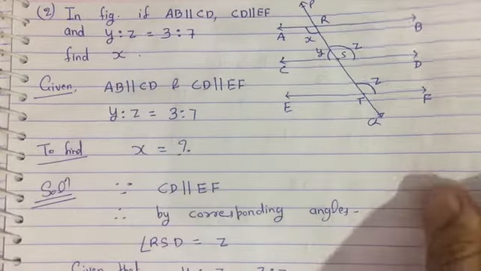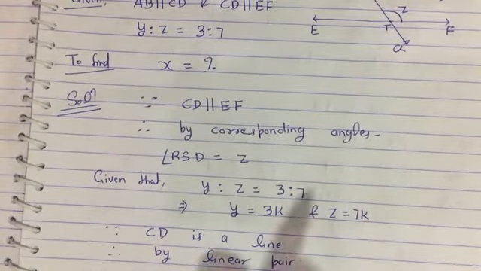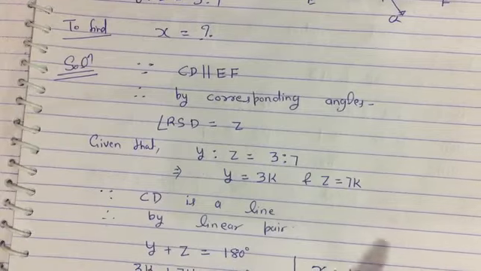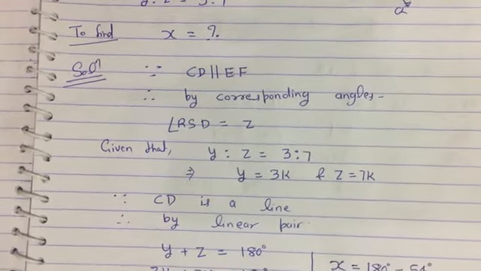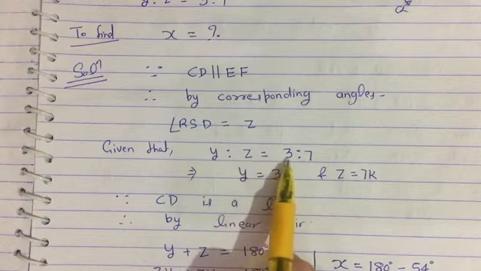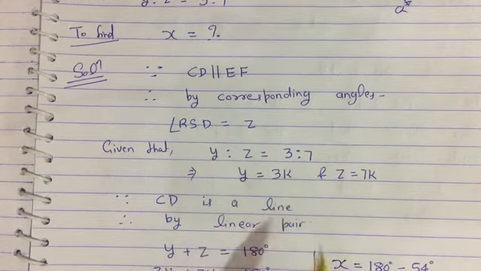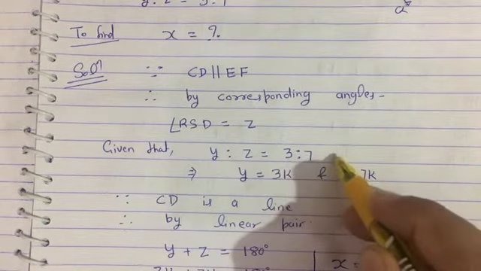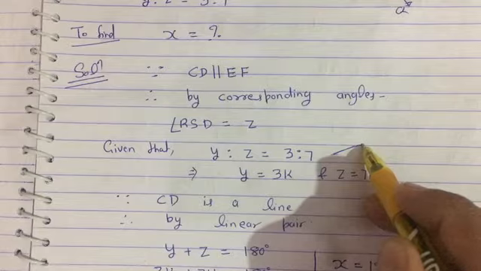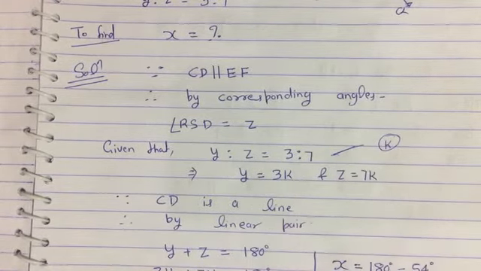But before writing this, we are going to write this concept that y ratio z is equal to 3 ratio 7. These are written as ratios, but if we want to remove them from the ratio, we have to introduce a ratio constant.